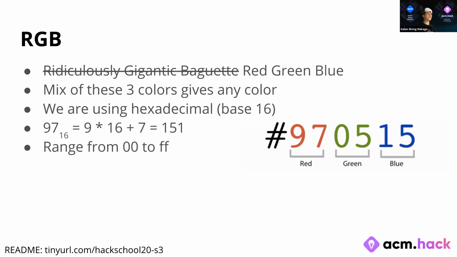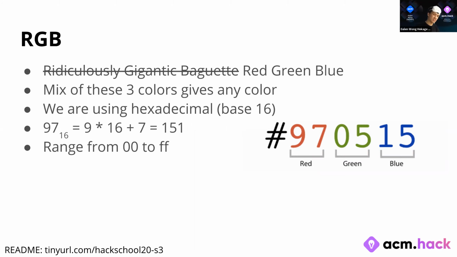And we're using hexadecimal inside the computer to represent it. So for example, right here, we have 97 units of red. What does that mean, right? It means we want 97 in base 16, which is 151 in base 10 units of red color.